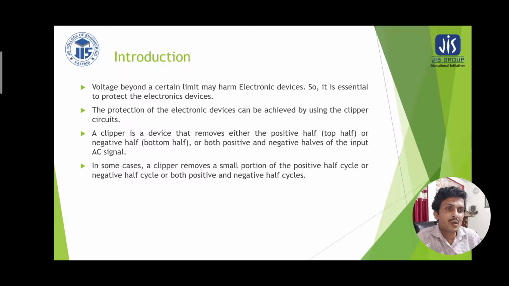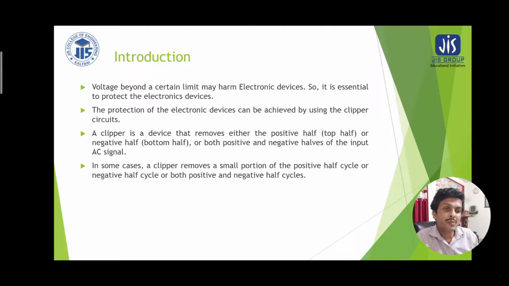So it is not removing the fully positive half, but a little amount of positive voltage beyond the threshold has been removed. Similarly, there might be some threshold in the negative voltage, so that below that negative threshold the negative voltage may be removed. Okay, so these are partial operations of the clipper circuit.